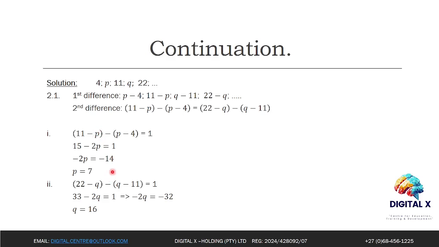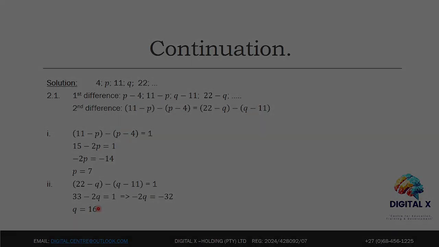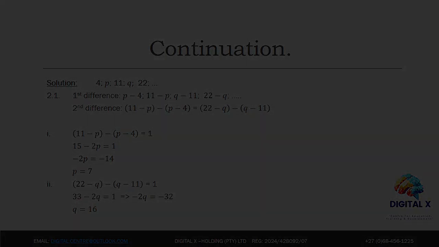You do the exact same thing with determining the value of Q. You also equate it to 1. So that's how you find the value of P, and that's how you find the value of Q. I hope this is straightforward and we all understand.